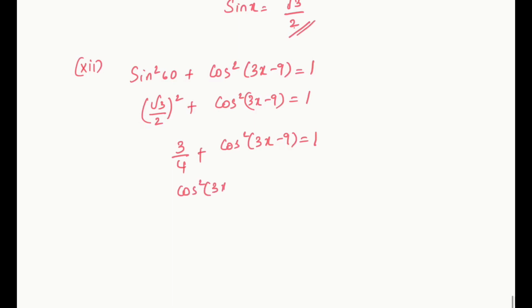Cos square 3x minus 9 equals to 1 minus 3 by 4. Cos square 3x minus 9 equals to 4 minus 3 is 1, 1 by 4.